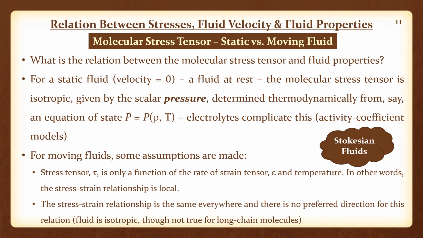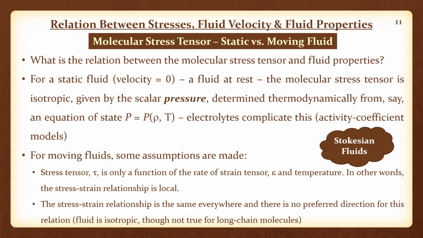Suppose you have polymeric liquids. By definition, polymers are molecules which are highly anisotropic in nature, right? So you have long chains. If you look at the dimension of the polymer chain in one direction versus another, if I stretch out the chain, in the direction in which it is stretched out, the dimension is very, very large.